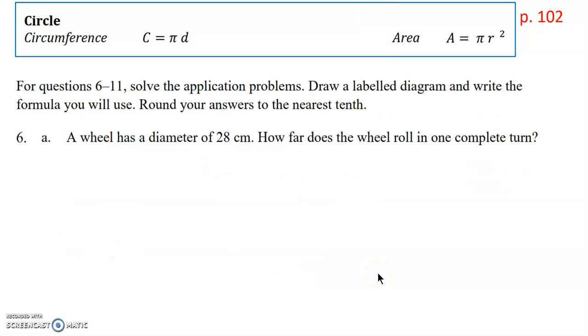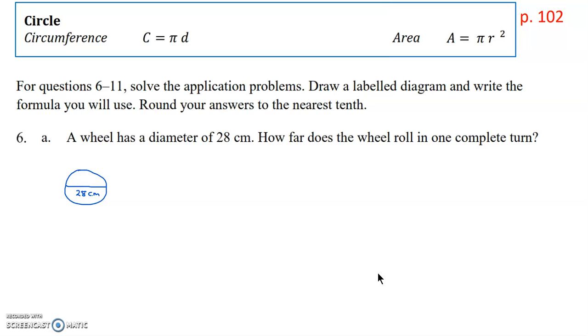For all the questions in the exercise, it's a really good idea to draw a picture, especially for questions that require you to read a word problem, like number 6a. A wheel has a diameter of 28 centimeters, so I draw that right away before I even go ahead and read the rest of the sentence. So 28 centimeters is the diameter.